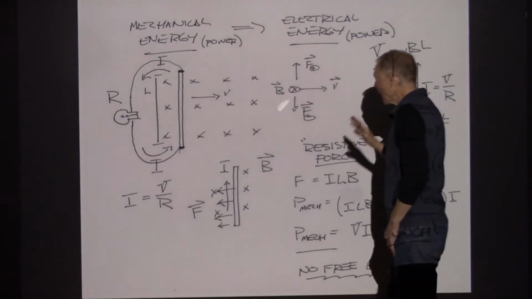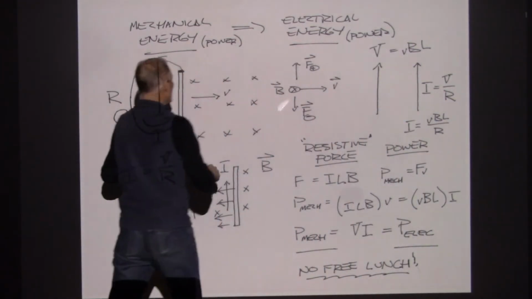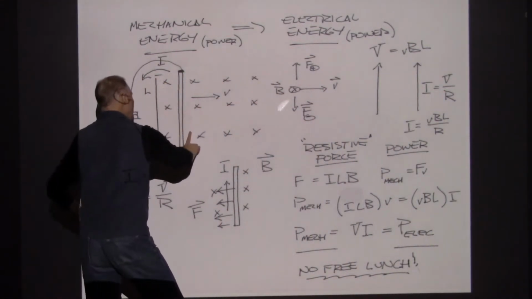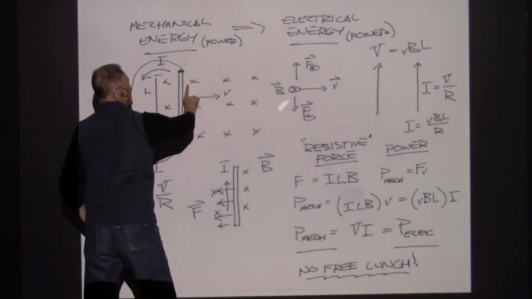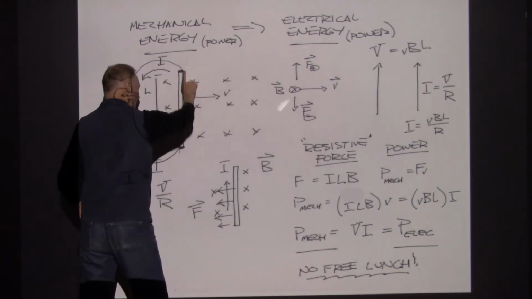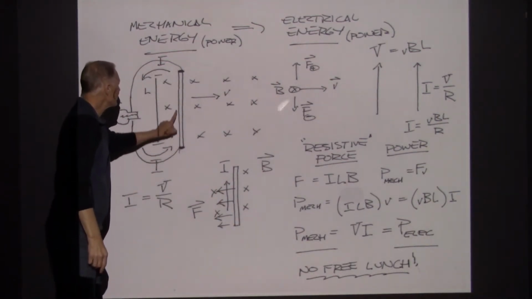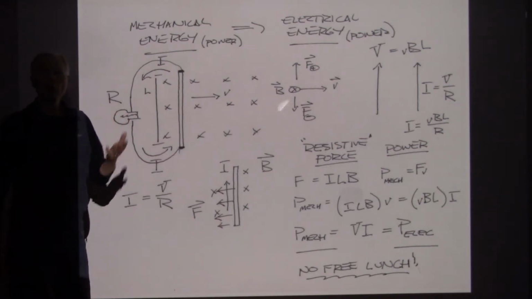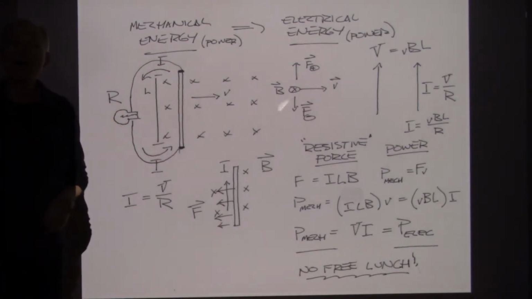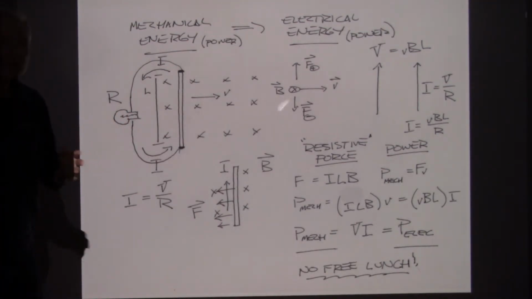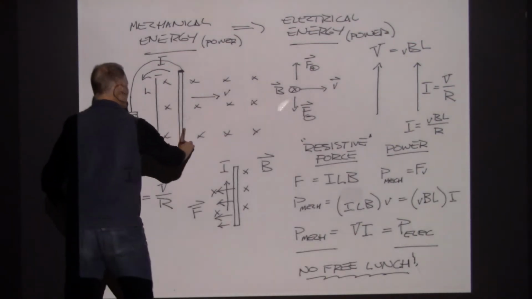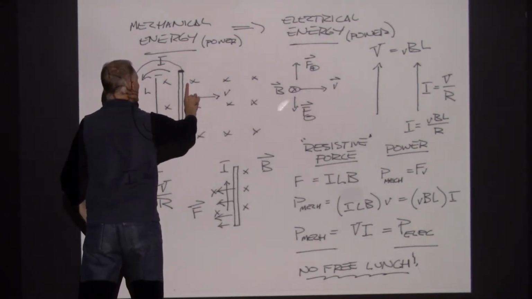Now, what happens when the bar starts to move? Current begins moving through that bar. So I'll write that as current. When the charges start moving through the current, there are going to be additional magnetic forces. At first, the magnetic forces were pushing the current in this direction.